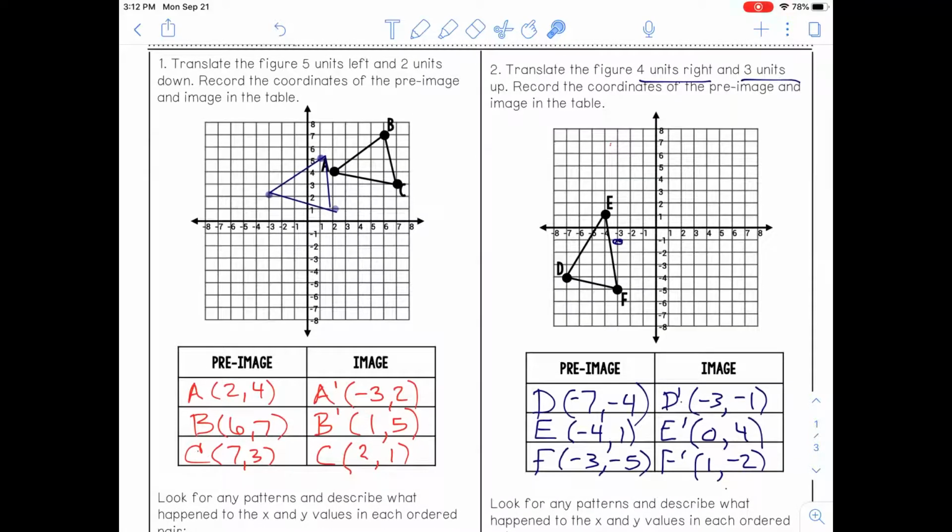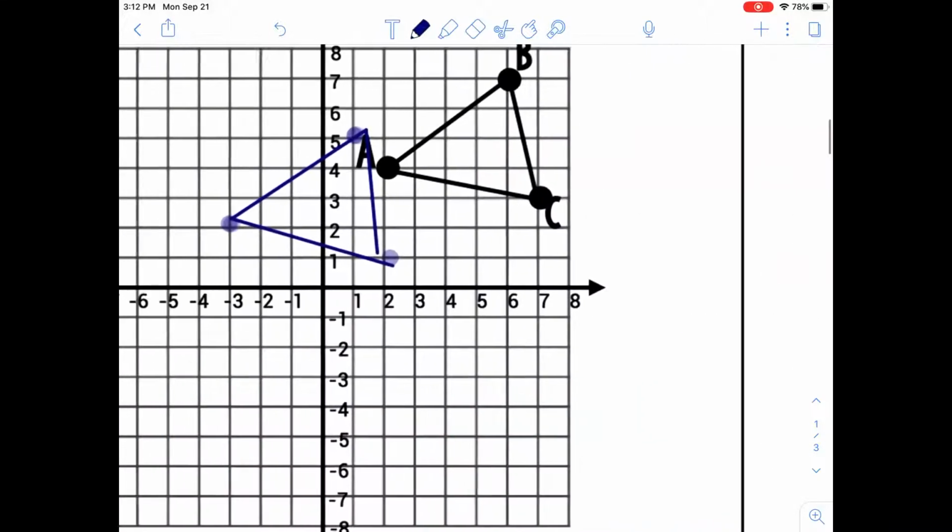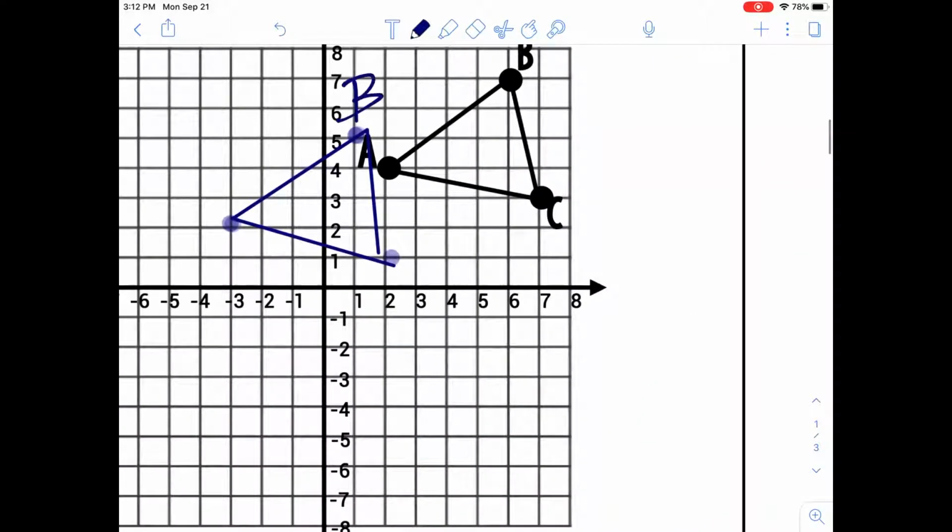In the first one, we needed to translate the figure 5 units left and 2 units down, and I showed you two ways to do that. One way is to look at B, and so B prime, which I didn't write. It doesn't show up very good.